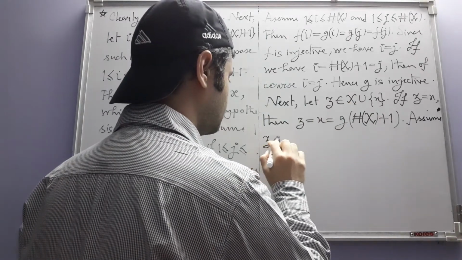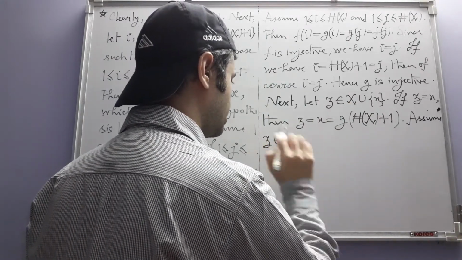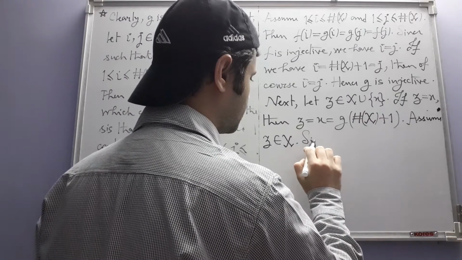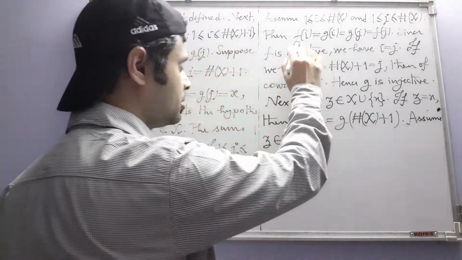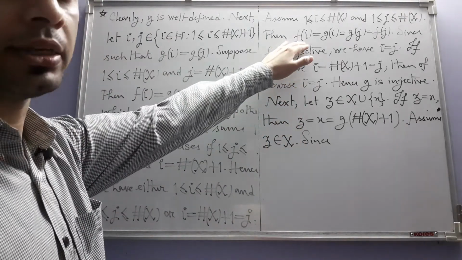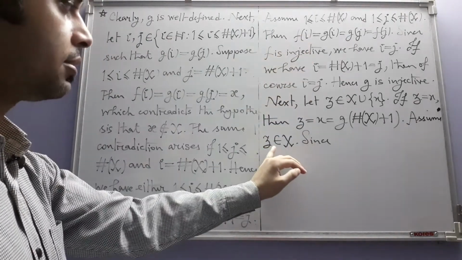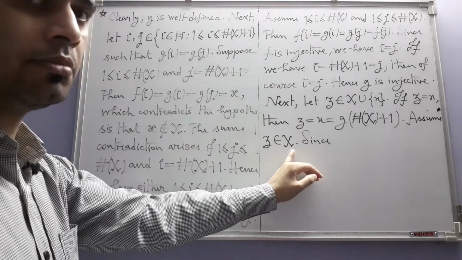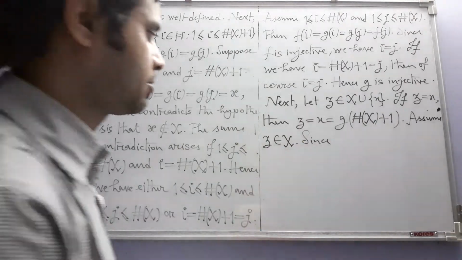So assume z is in x. Now original f was a function with range x and f is bijective, so f is surjective. So that means z will have a pre-image under f in x.